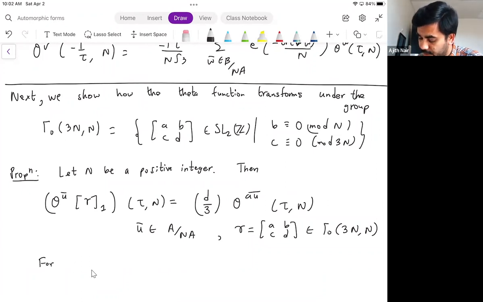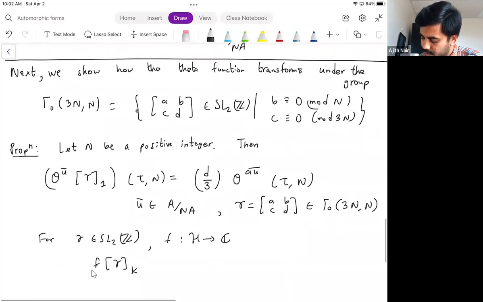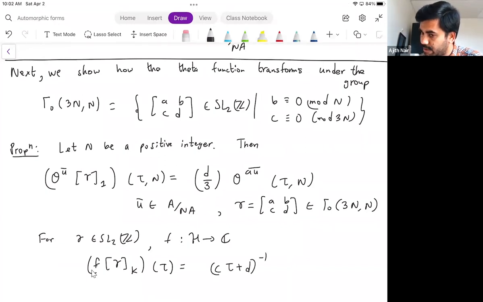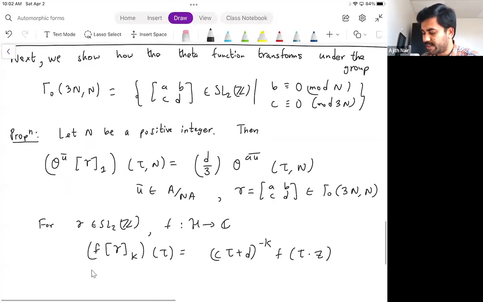If you take gamma in SL2Z and a function on the upper half plane, then the weight k operator of gamma is basically the automorphy factor (c tau plus d) to the negative k times f of gamma tau.